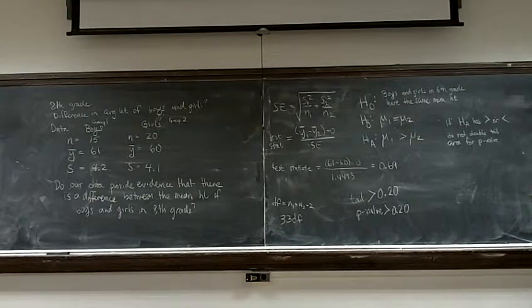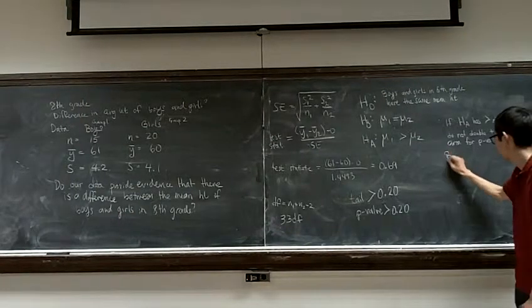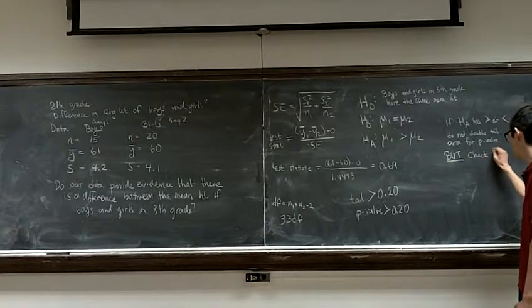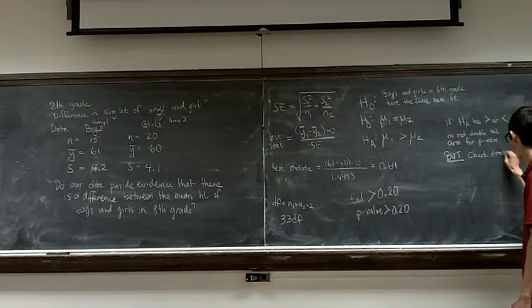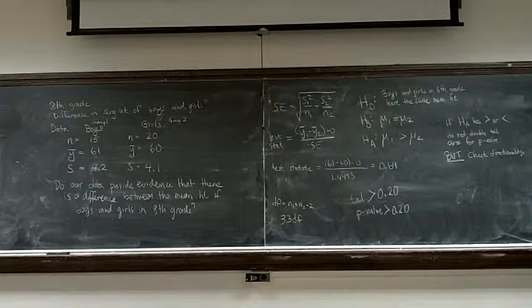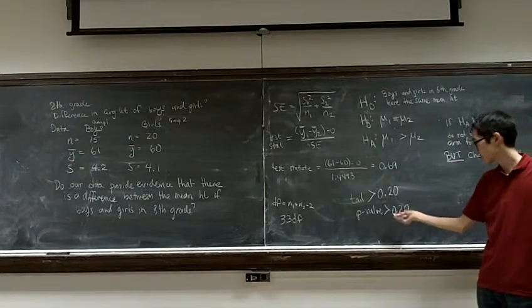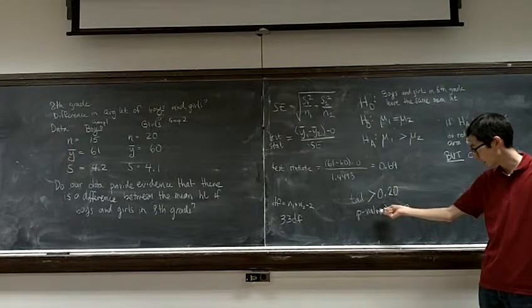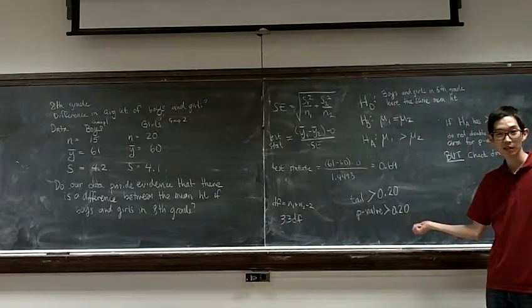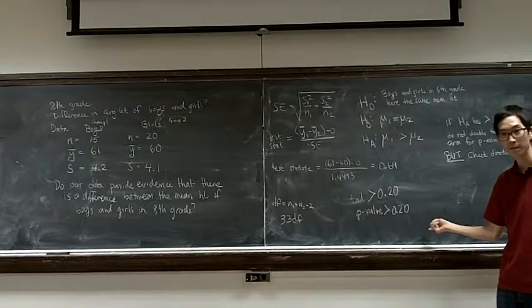Okay, but check directionality, and I'll get to that in a minute. But before we get to this directionality, here I come to the end and I say p-value is greater than 20%. Is that okay with everyone?